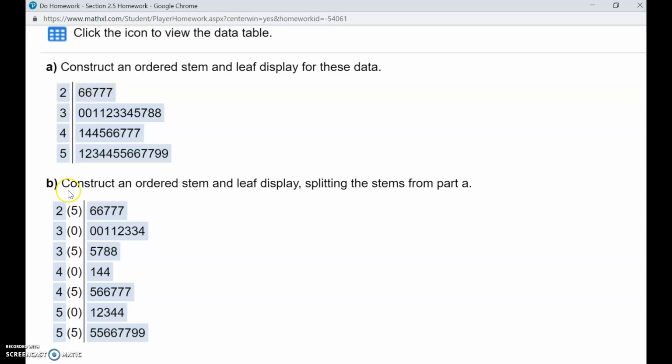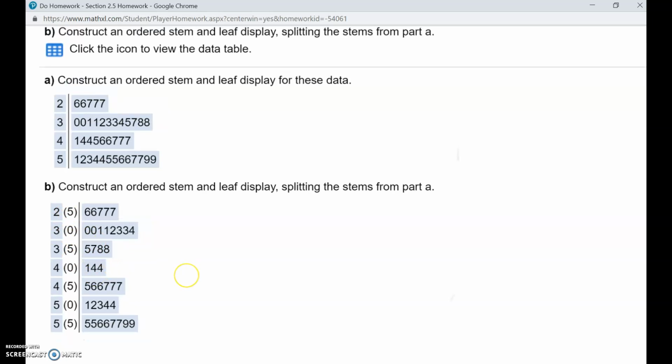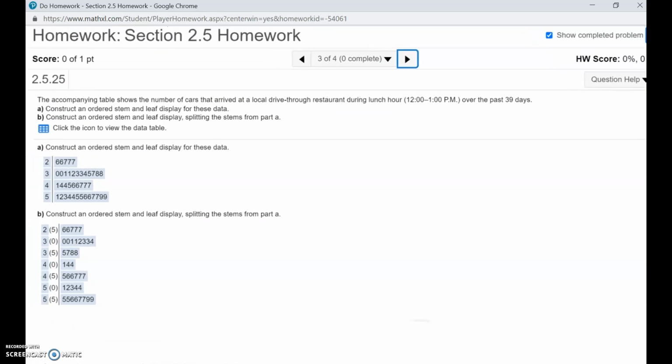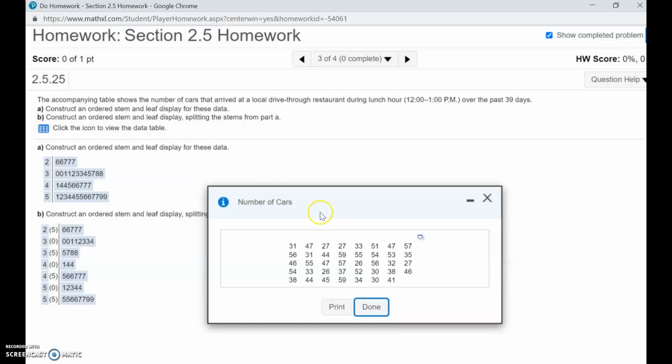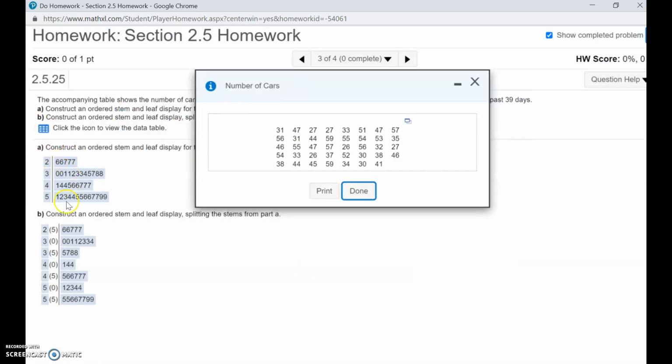Instead of counting by tens, you're going to count by fives. And hopefully that makes sense. It may take a little practice to get that, but you can do your stem and leaf, the first one in StatCrunch, and then you can split it by looking up here.